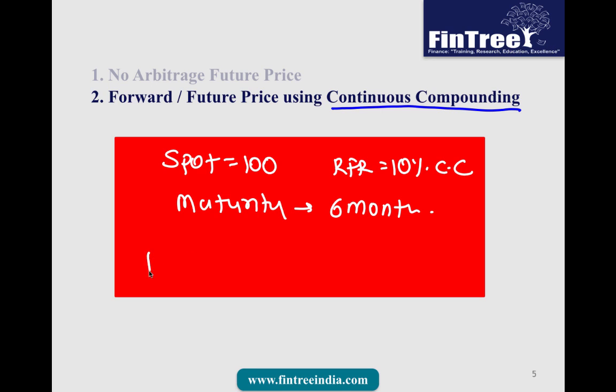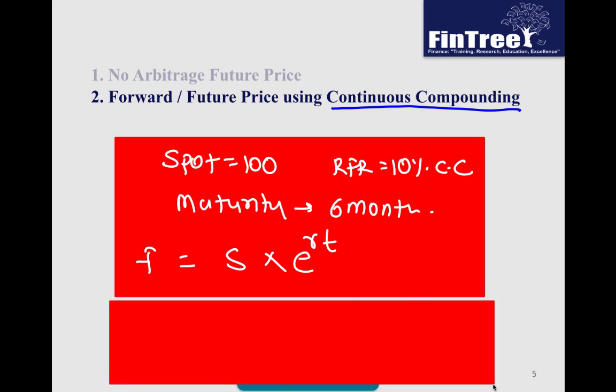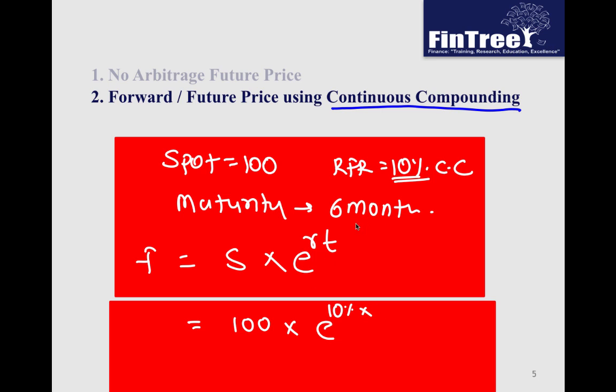Then your formula becomes forward is equal to spot into e raised to rt. In our example, that amounts to 100 into e raised to r, which is 10%, and t is half of the year, so I'm going to write this as 0.5.